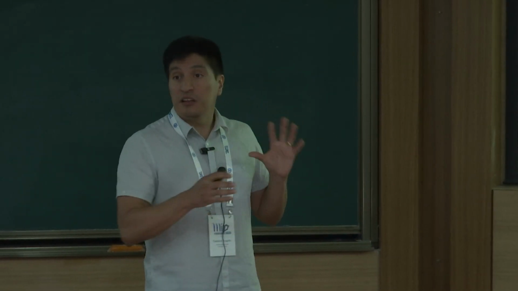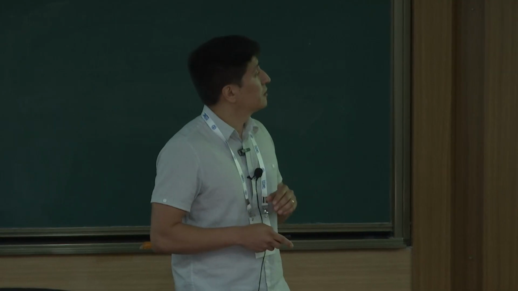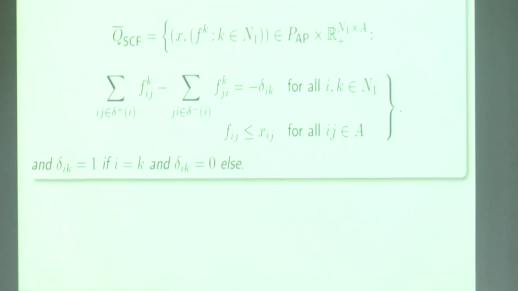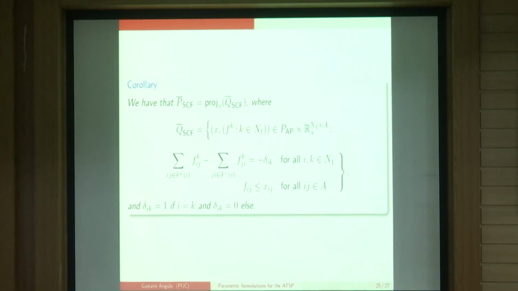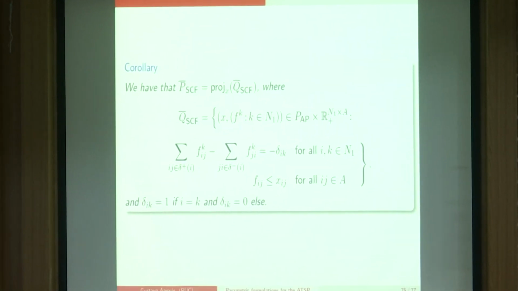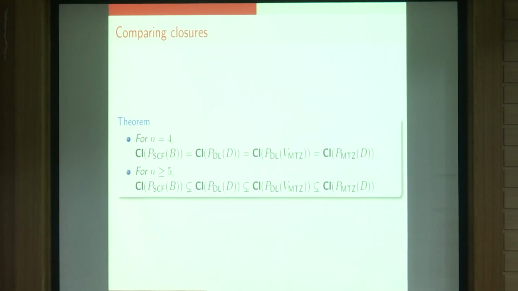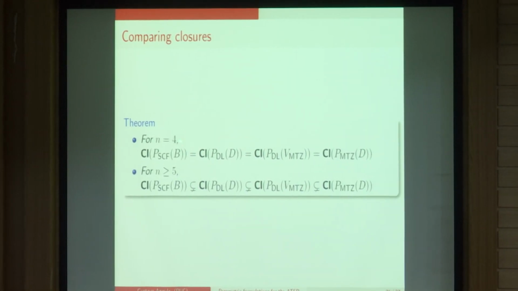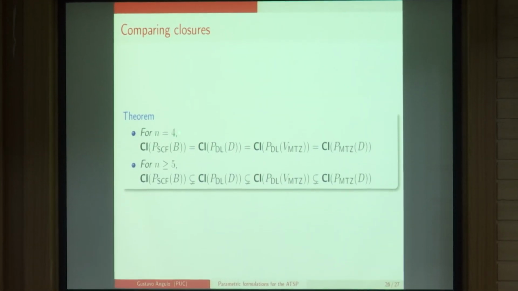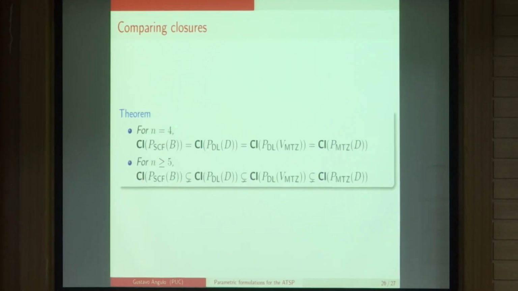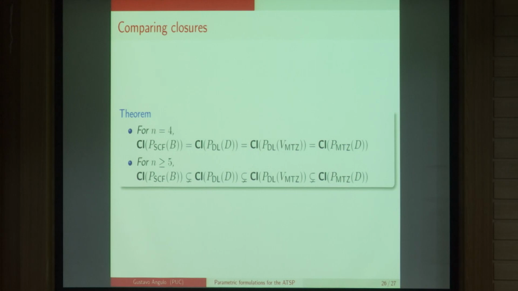Good. So these are the results for all the cases, and our conclusion here is that if the graph is small enough, with 4 nodes, all these things are the same, right?